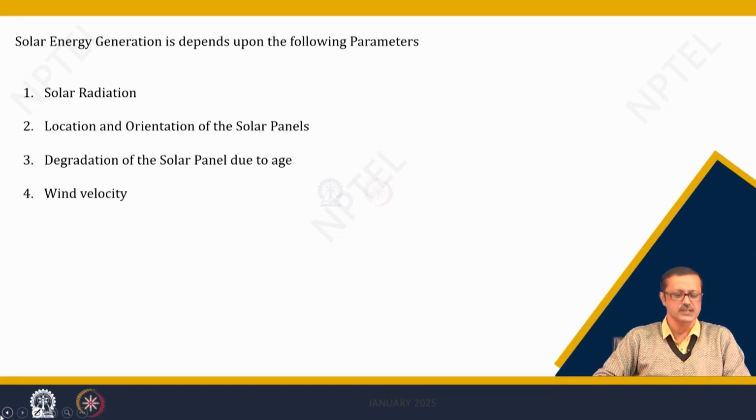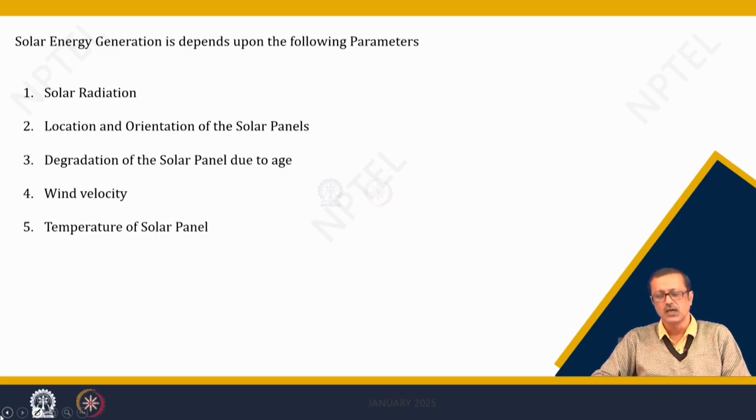Next is the wind velocity. Different velocities at different times will definitely fluctuate the amount of electricity generation. The temperature of the panel is another issue.